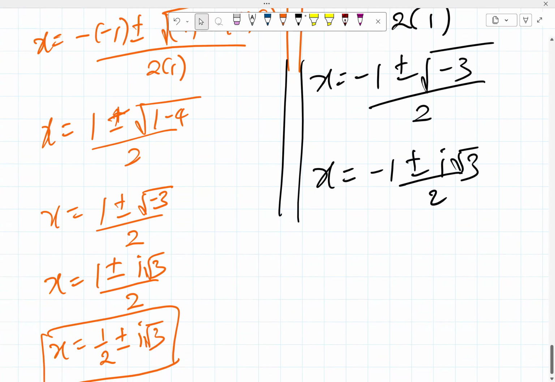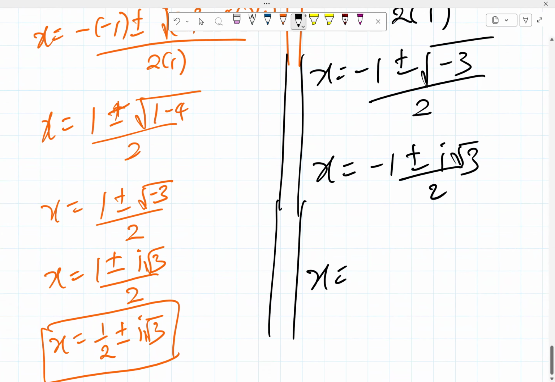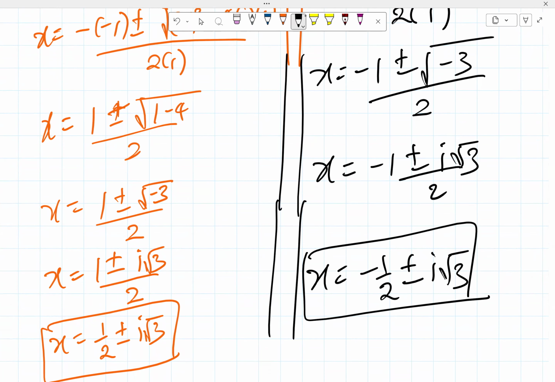So again, we have x to be minus 1 over 2 plus or minus i root 3 over 2. Okay, so we have another two solutions here. So with this, we have everything complete. So we have the 4 here and the 2.